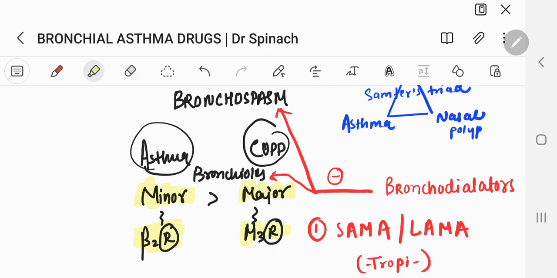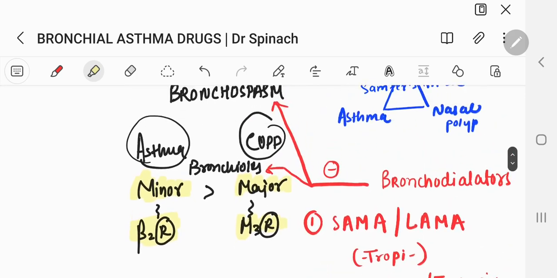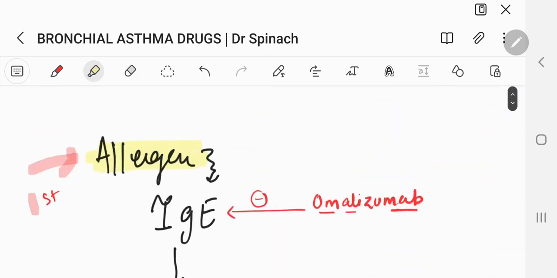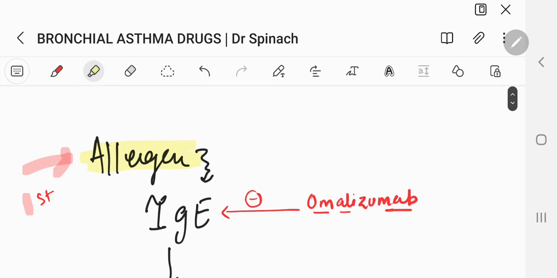Even in status asthmaticus, that is severe asthma, M3 receptors are the ones that need to be reversed, because that is what is causing bronchospasm in cases of severe asthma. That is how bronchial asthma manifests.